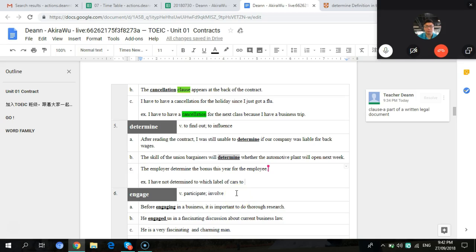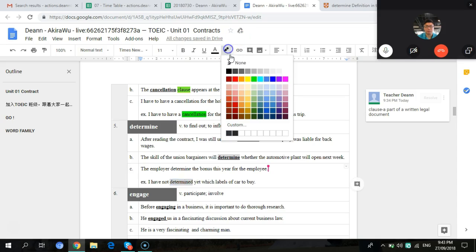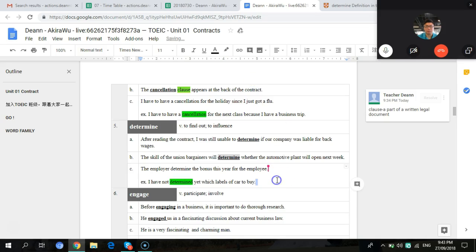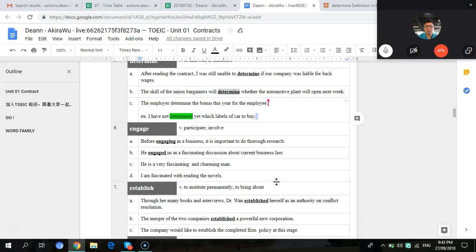Or it could be, I have not determined yet which labels of car to buy. Okay, so that means you have not decided yet. Which labels of car would you buy? Now, do you have any questions with the word determine?